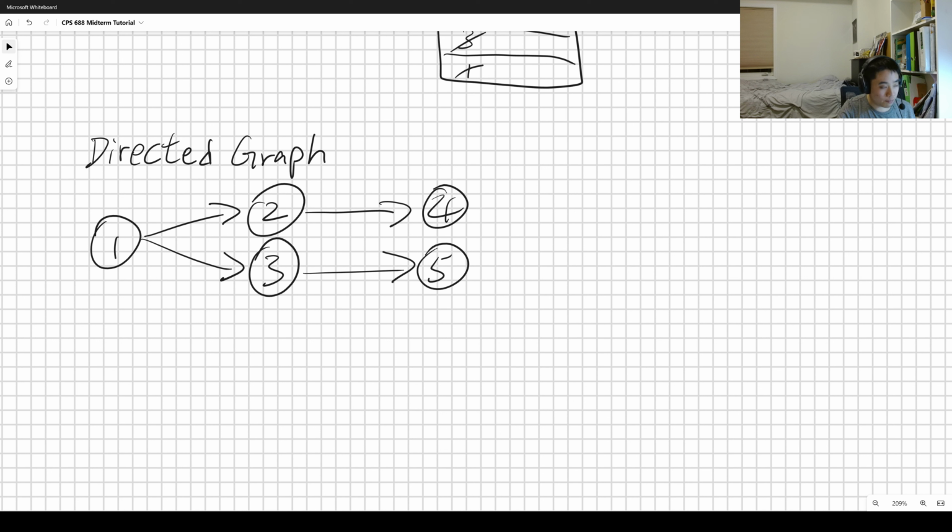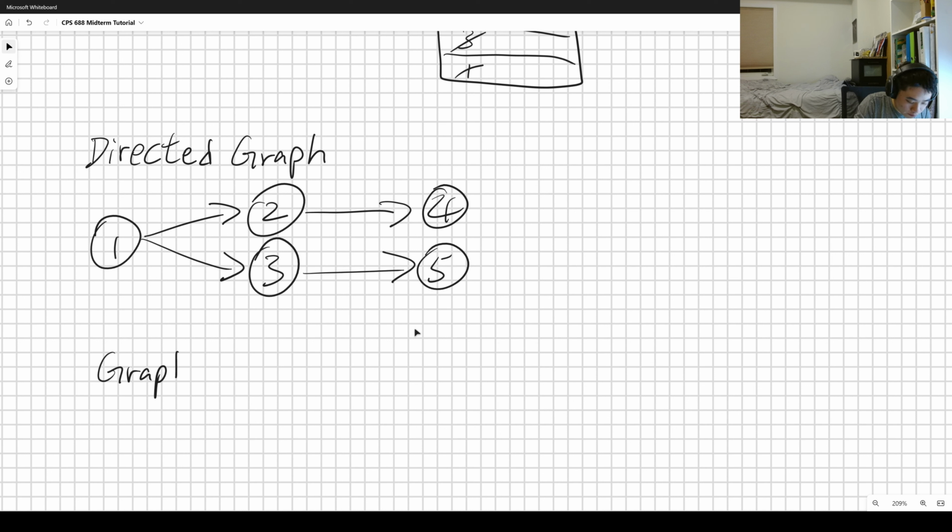So we can categorize graphs using two categories. Hang on, let me just get rid of the mail here.